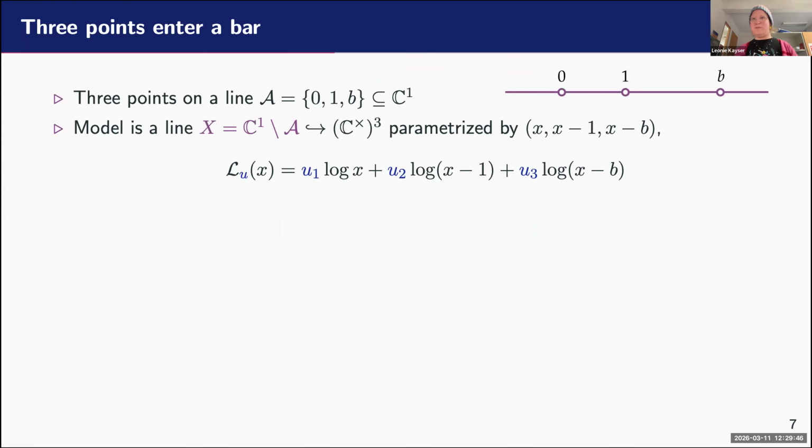So let's look at 3 points on the line. This is sort of the smallest example that you could look at. After moving the points around, you may want to fix point 0 and point 1, and then there's a third point b. This is indeed a hyperplane arrangement on the line, so the hyperplanes are just 3 points defined by 3 equations, x, x minus 1, and x minus b.